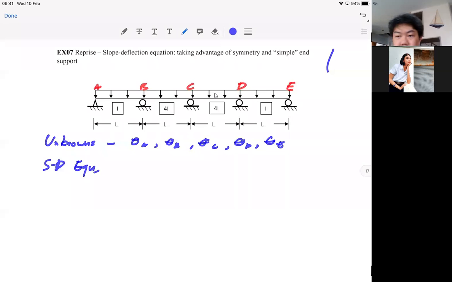Okay, now if you don't take advantage of anything, you are going to have to write down MAB, 2EK. I sort of remember that this is 1K, right?